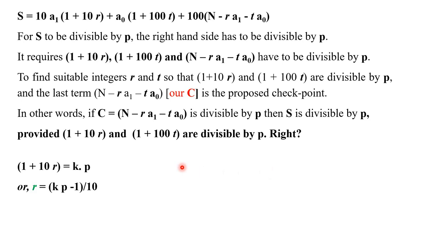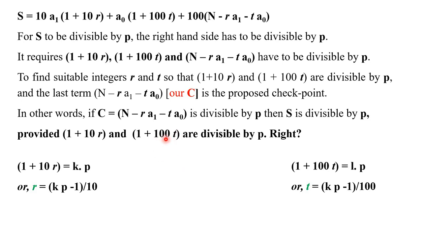So if 1 plus 10R has to be divisible by P, that means it has to be an integral multiple of P, that means KP, where K is either 0 or plus or minus an integer. So a little bit of manipulation would give you R equals KP minus 1 by 10. As usual, it is like the last case we have seen. But the new one is this one.